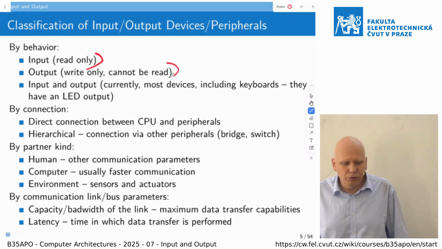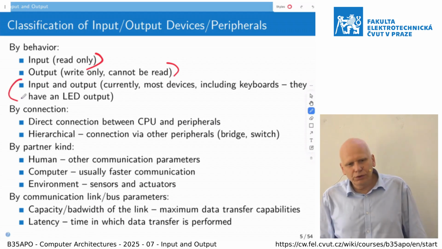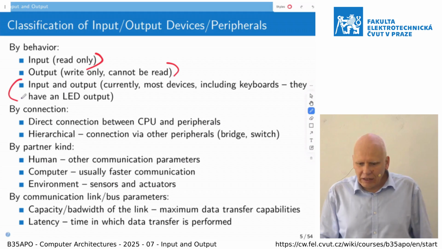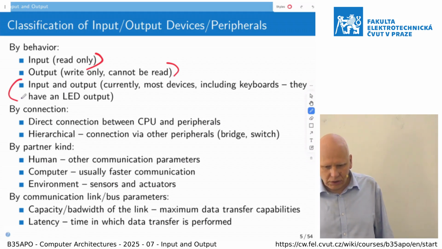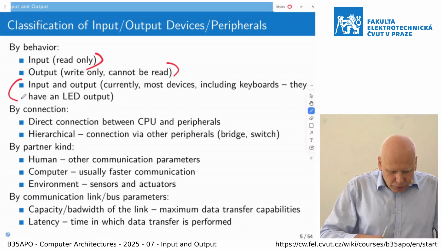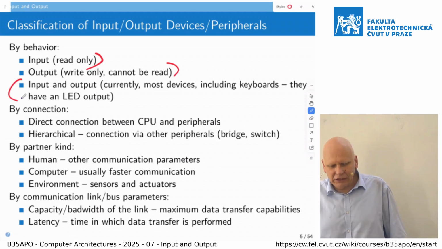As for today, even typical input devices usually have output as well. For input devices like a sensor, you usually again have some mechanism to control the state of that sensor and set up some ranges and so on.